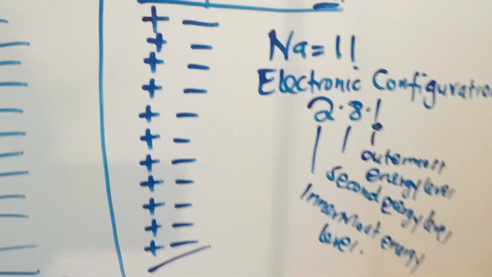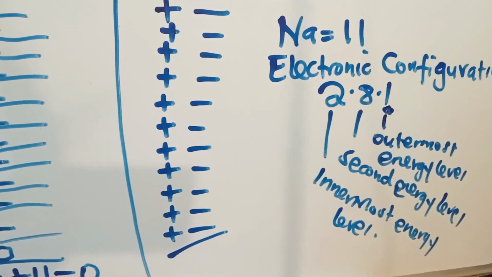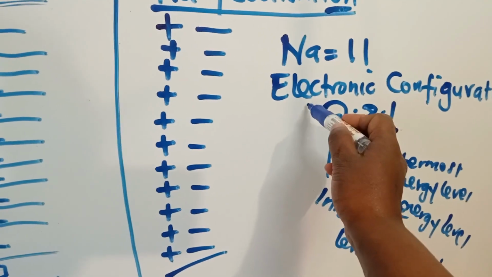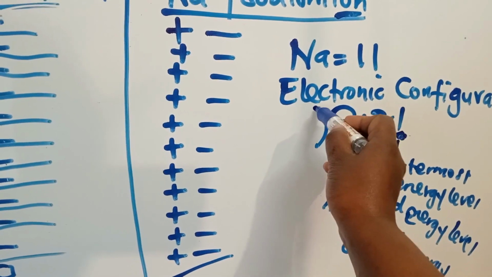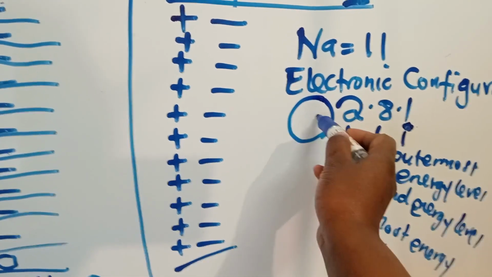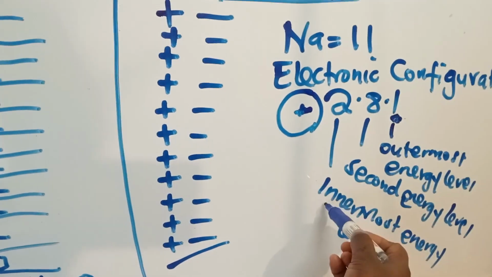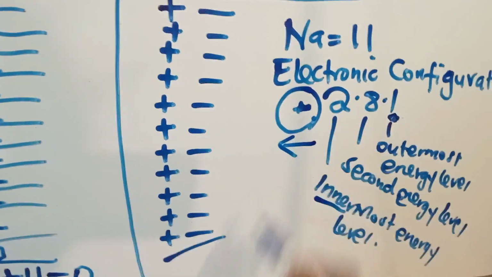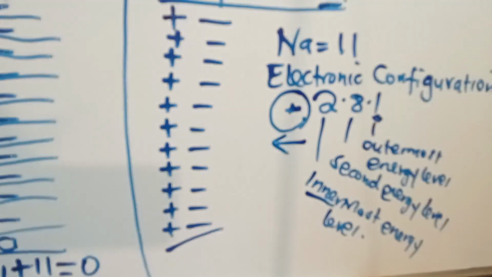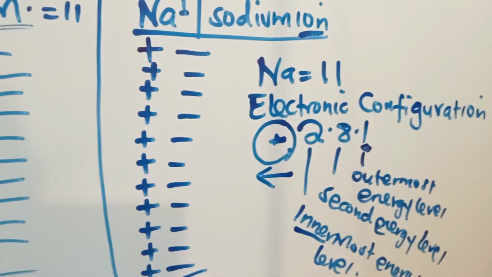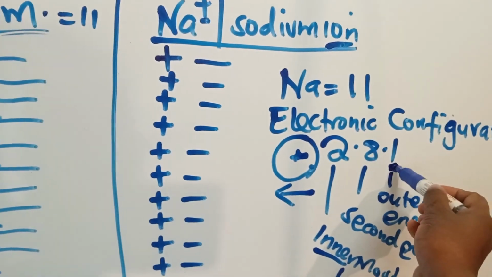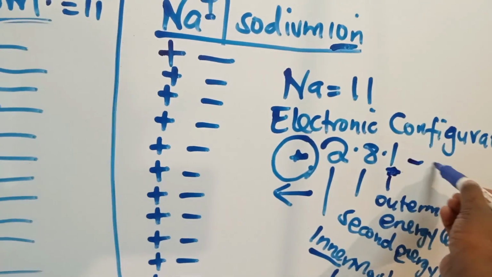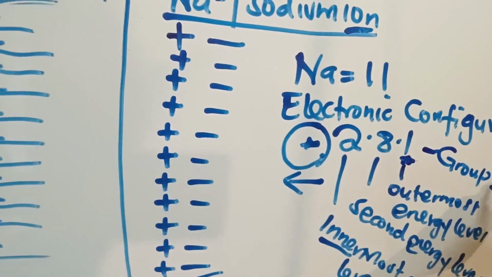So meaning, if you are to be asked the position of the nucleus from just how the electronic configuration has been written, it will be very easy for you to know that the nucleus is on this side. So now that this one is the innermost, it must be just next to the nucleus. So nucleus is on this left hand side. So with that, then we can go ahead and say having one electron for sodium in the outermost energy level, that is an indication that sodium is a group 1 metal.